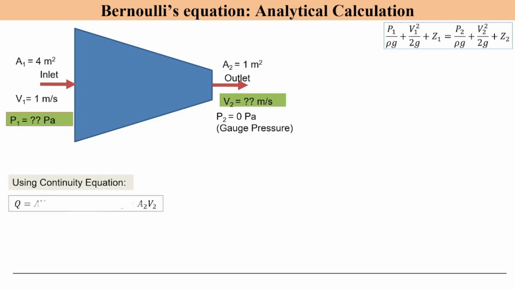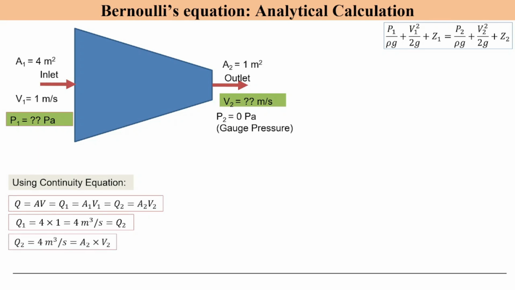The same thing will be available at the outlet, which I indicated with Q2. Then if I apply the cross section area into velocity equation in the Q2 form, finally I get the value of V2, which is 4 by 1, which is 4 meter per second. So V2 is the velocity of the fluid at the outlet of the section.